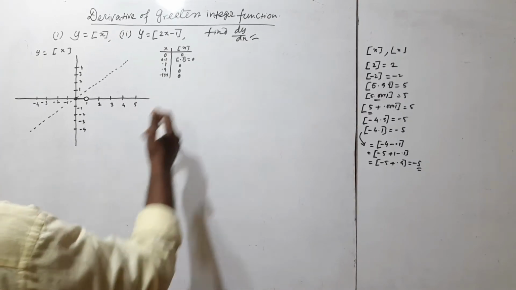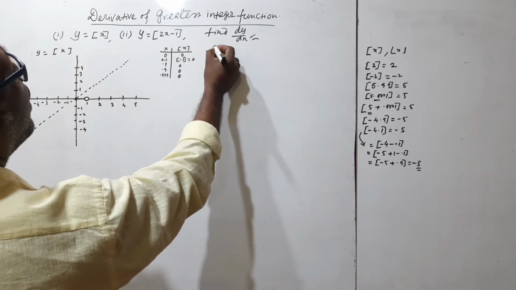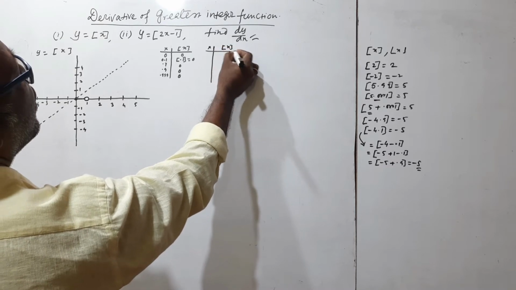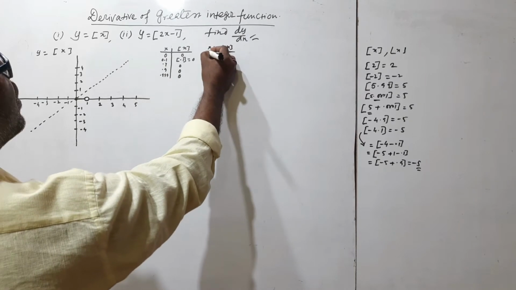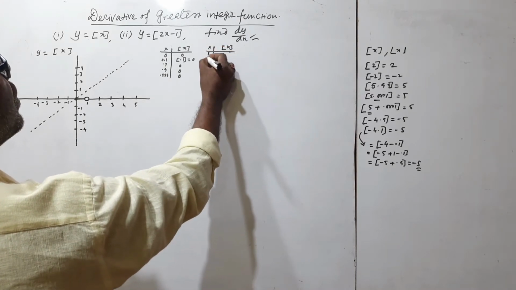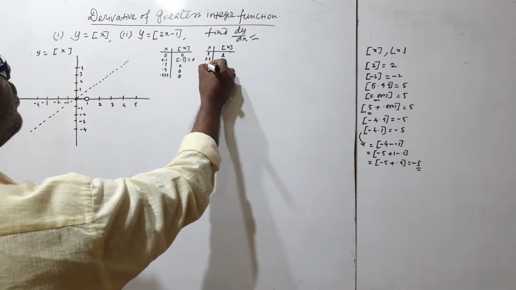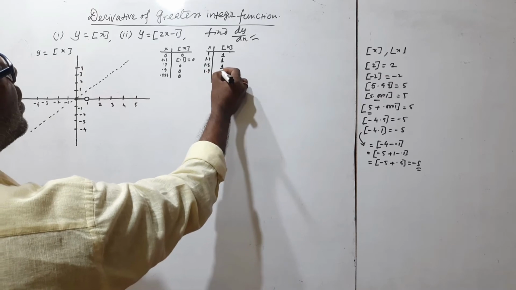Again, if we take 1, then we get 1. For 1.1, again 1. For 1.5, again 1. For 1.9, again 1.